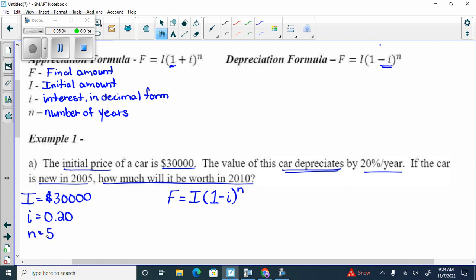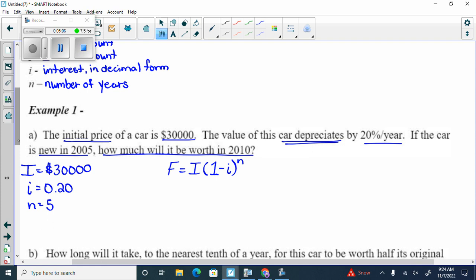Okay, let's solve for it. So we're going to get final, which is what they're asking us to find. If you don't know, it's the one missing, so that would give it away. F equals 30,000 bracket 1 minus 0.20 to the 5.